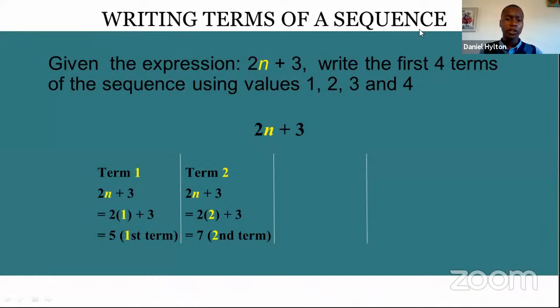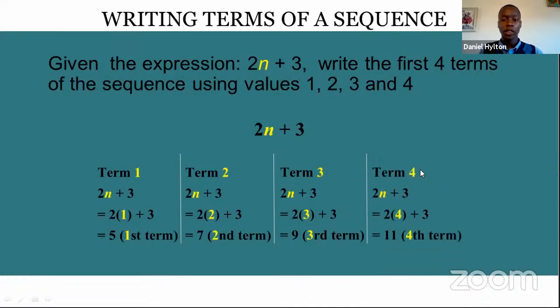Going again for our third term, we substitute n for 3 and simplify, and we get our third term to be 9. Again, for the fourth term, we substitute n for 4, simplify, and we'll get that term to be 11. So well done, guys.